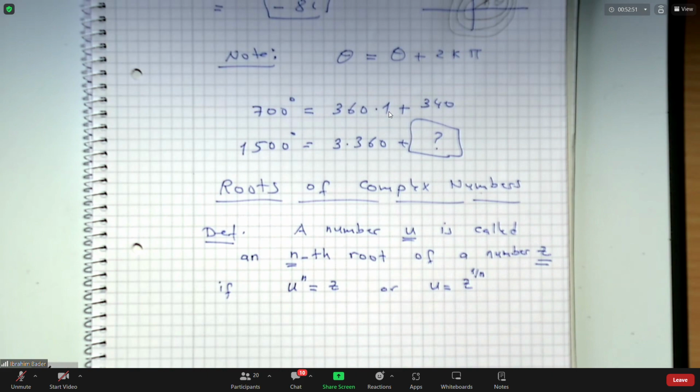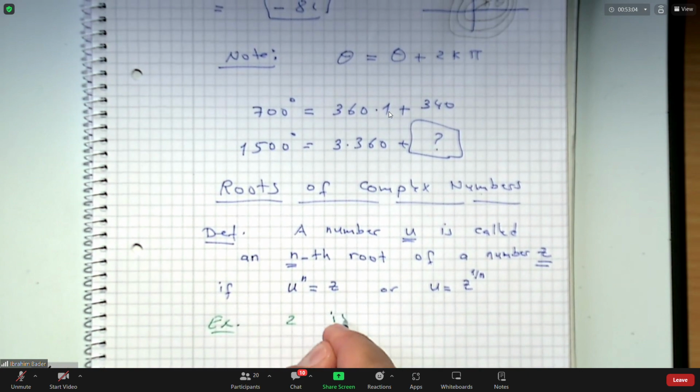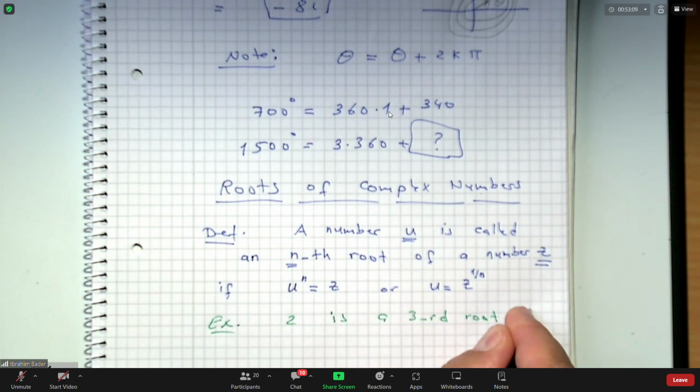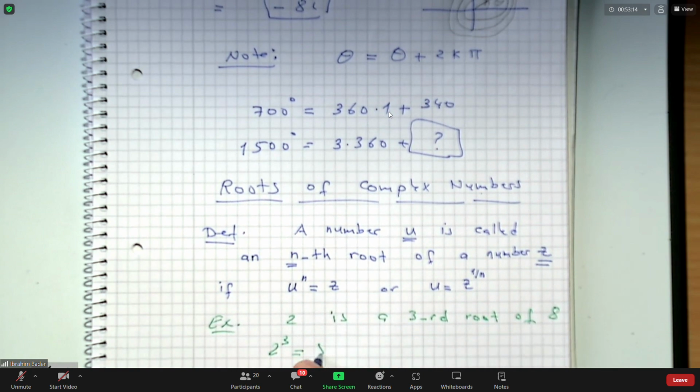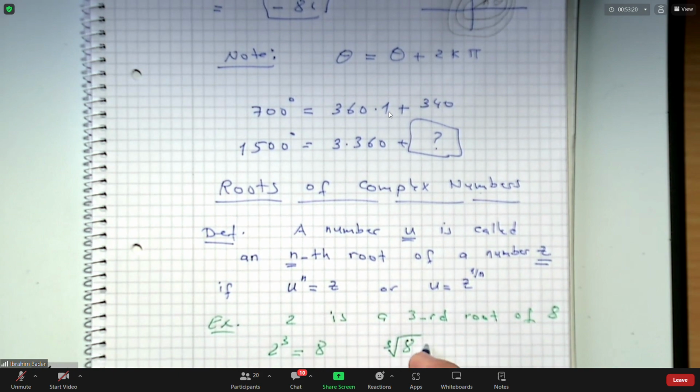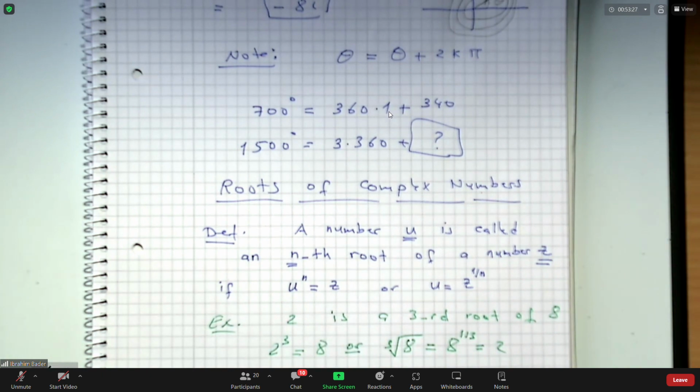Let me put this example here in another color. 2 is a third root of the number 8. So 2 to the power 3 is equal to 8, or equivalently, the third root of 8, which is 8 to the power 1/3, is equal to 2. So this is just a definition.